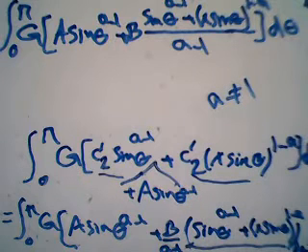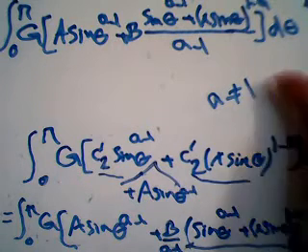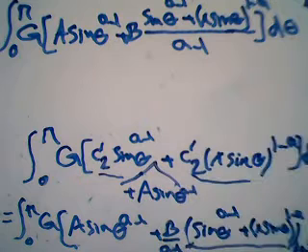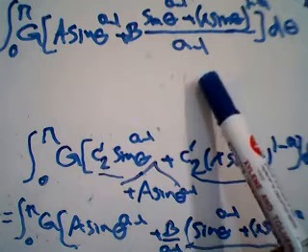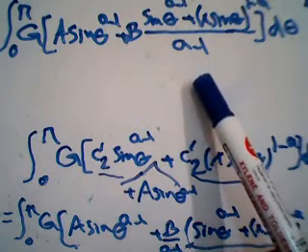Now, let's see what happens if A is equal to 1. If A is equal to 1, this is 0.